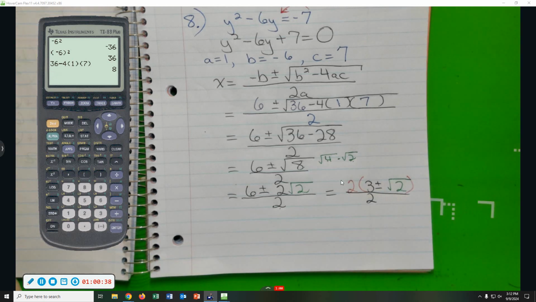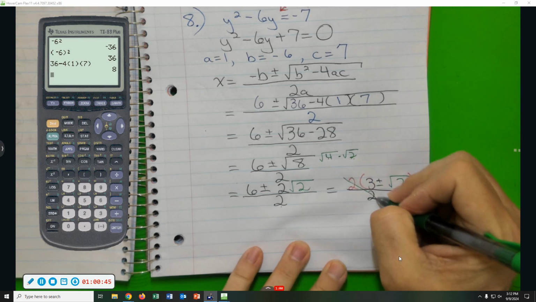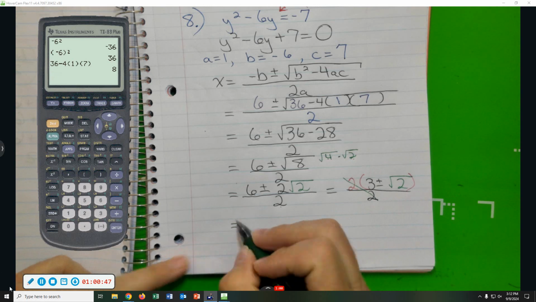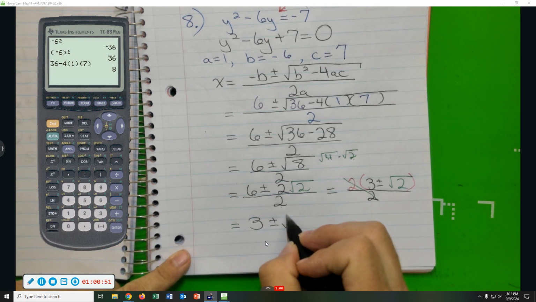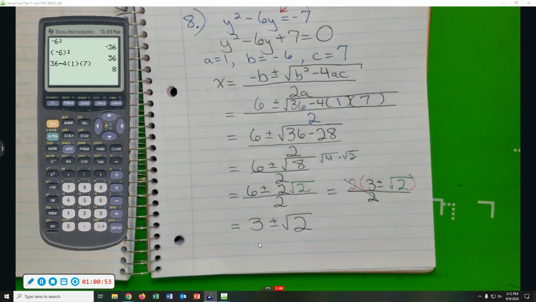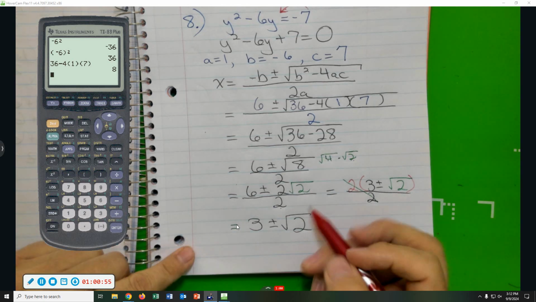This answer is working out nicer than I was expecting. What can I do now? Cancel the 2's. So I don't even have a fraction. I just have 3 plus or minus the square root of 2 for my final answer.